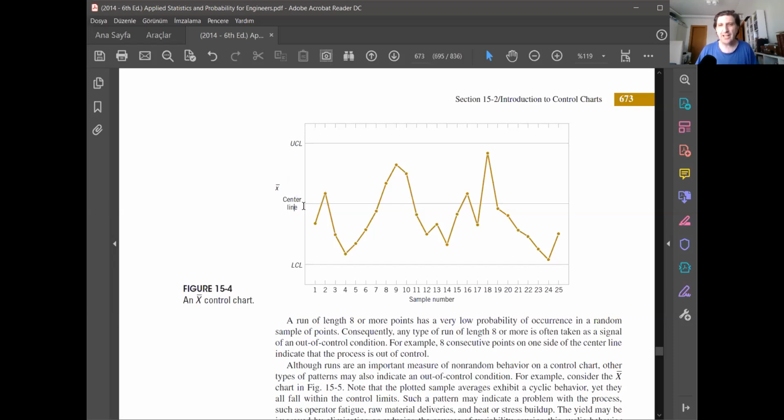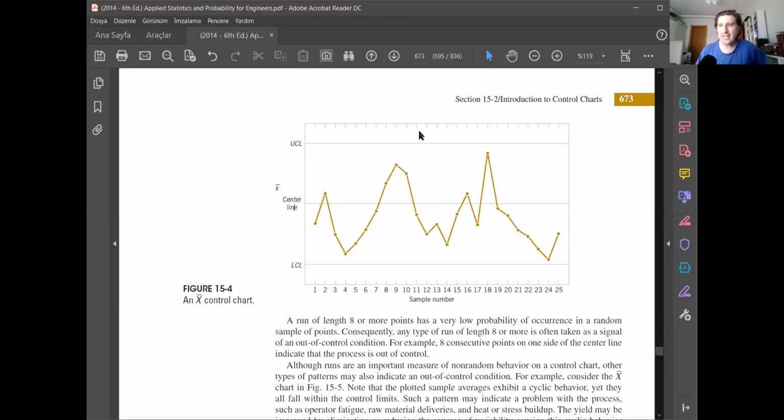This central line is our expectation of the statistic, and the upper control and lower control values are, as the name suggests, upper and lower control levels. They are not critical values. As long as we stay within those boundaries, we deem our process to be in control.